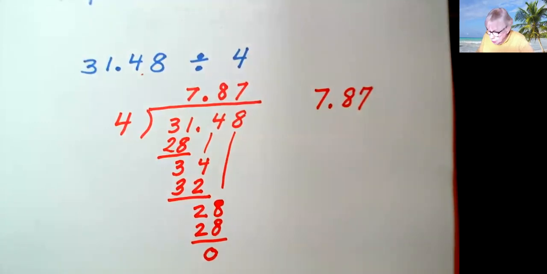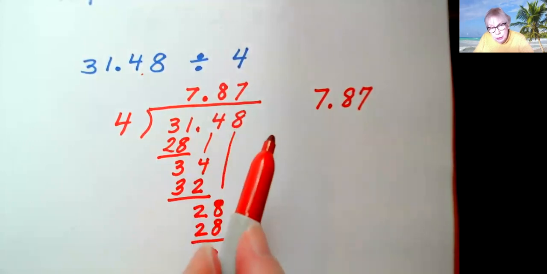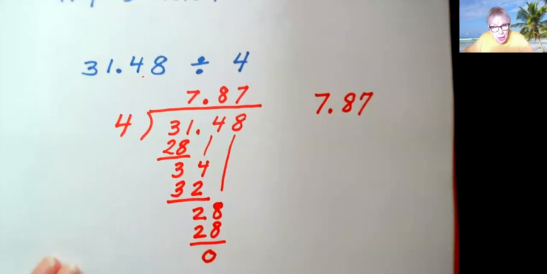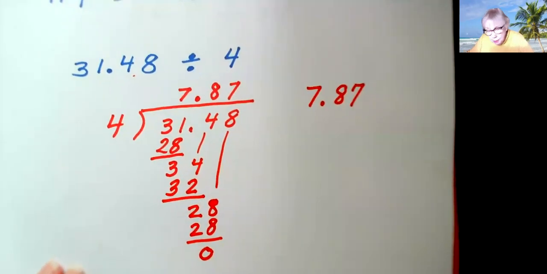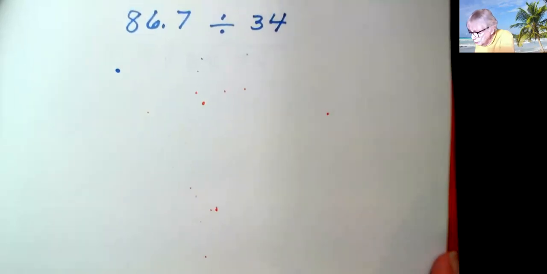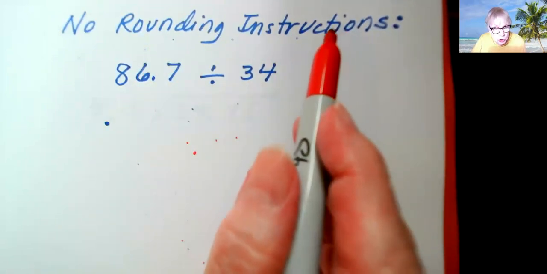That's good. But sometimes when you divide, things don't stop like this one did, and we'll have to figure out what to do about that. Sometimes decimals repeat. Let's say you were asked to do this, but there's no rounding instructions.